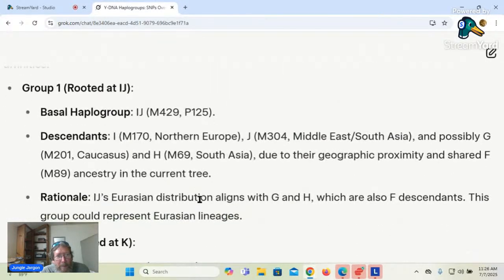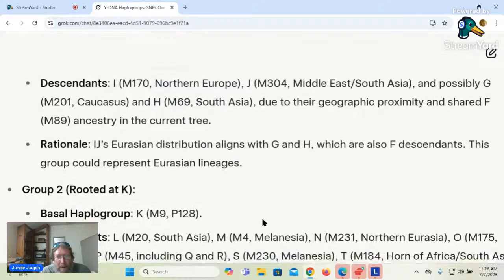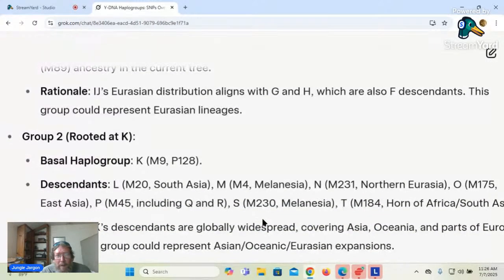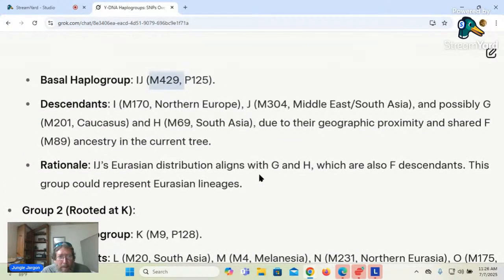Okay, group 1 rooted at IJ. So this is actually the IJ marker right there. You have the I descendants, the J descendants, Eurasian. Lines with G and H, which are also F descendants.